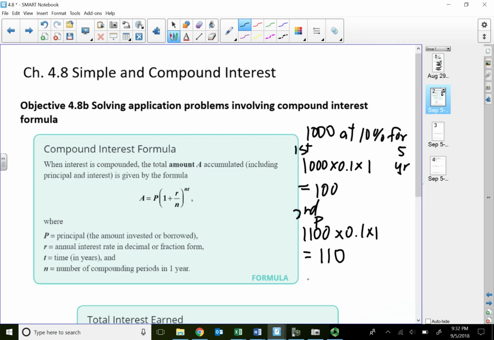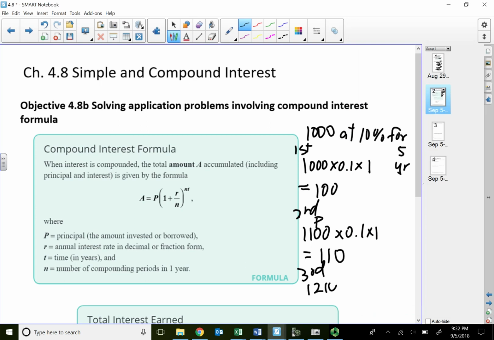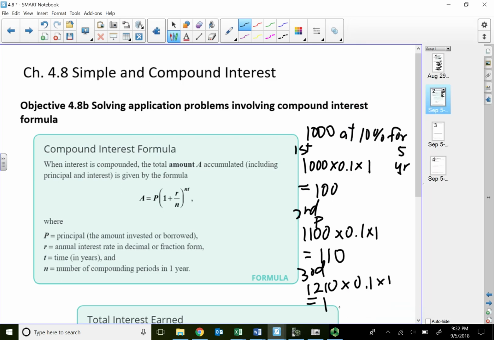Now going to the third year, my principal now is 1,210. This is how much money is in my account. I'm going to do this one more time, times 10%, times one more year, compounding annually. As you can see, 1,210 times 0.1 times one more year. The third year actually earned me even more interest compared to the previous 2 years, $121.